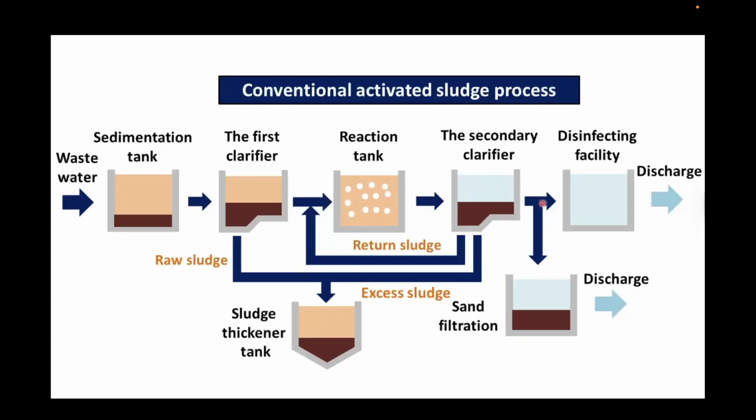It is then sent to a secondary clarifier from which the sludge is returned back to the reaction tank, which now contains already growing microorganisms, which is called the activated sludge.